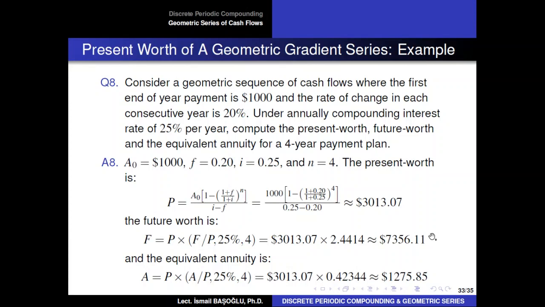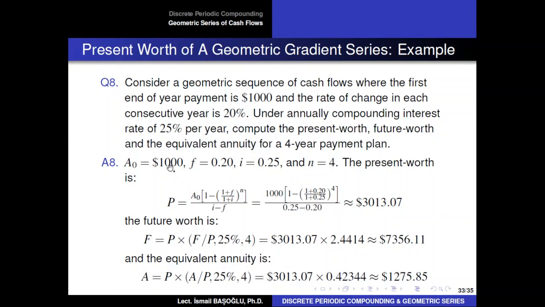The question is also asking what is the equivalent annuity. So it asks us to convert the present worth to annual payments at the end of each year. So you multiply the principal with the capital recovery factor, and the multiplication will be 1,275. So this means what?